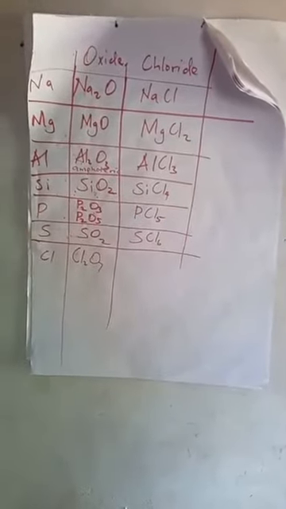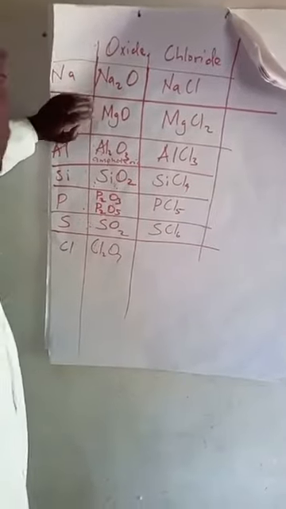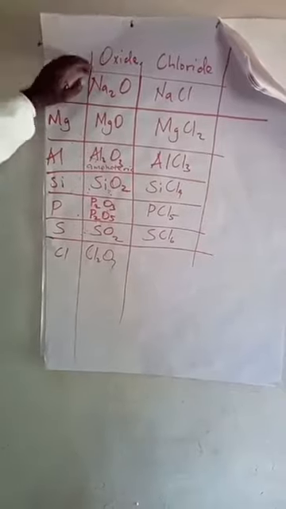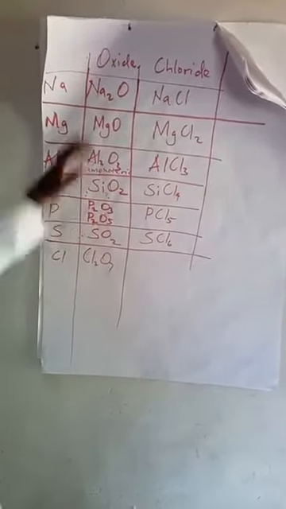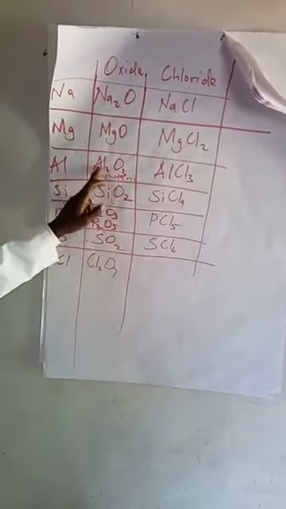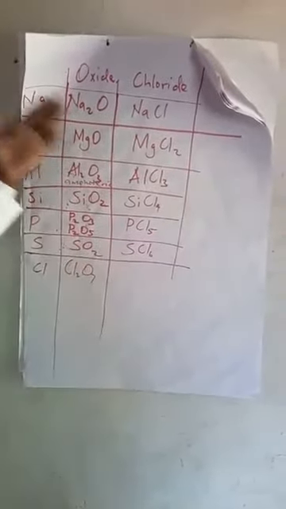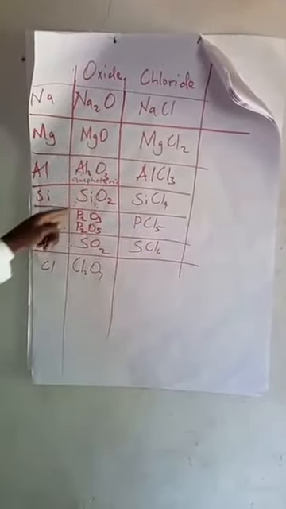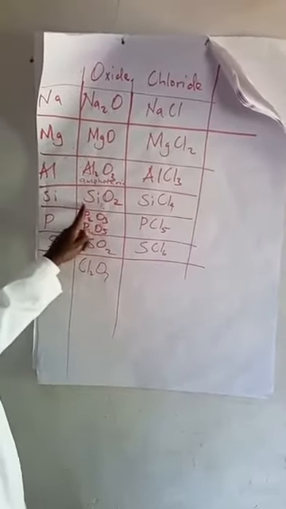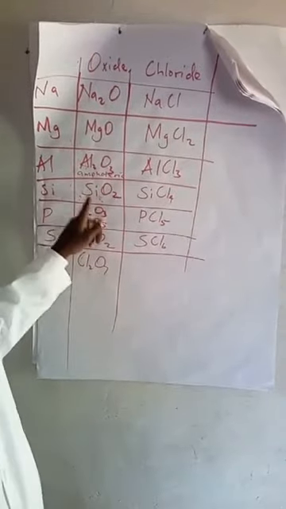These are nonmetals. Now, sodium, magnesium and aluminium form ionic compounds, so the bond is ionic, and these three are ionic bonded compounds. They have giant ionic structures. Silicon 4 oxide, we mentioned it, has covalent bonds and a giant atomic structure.